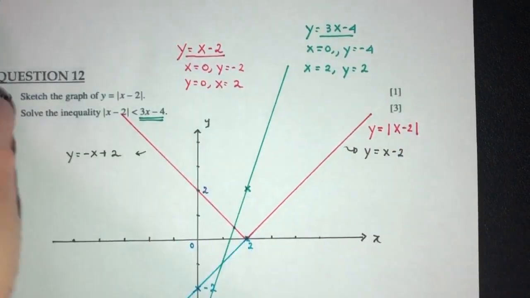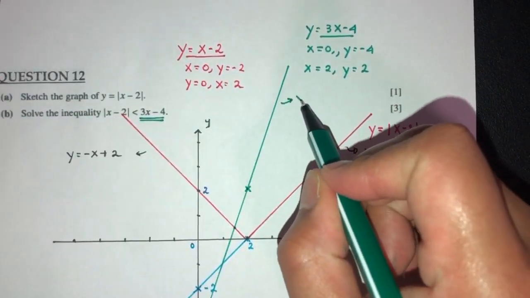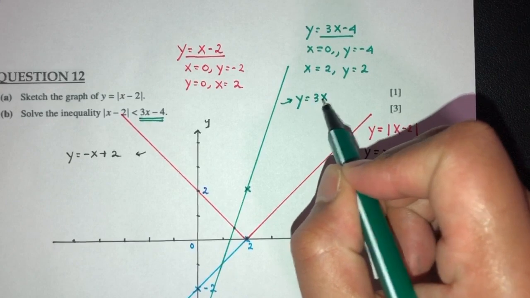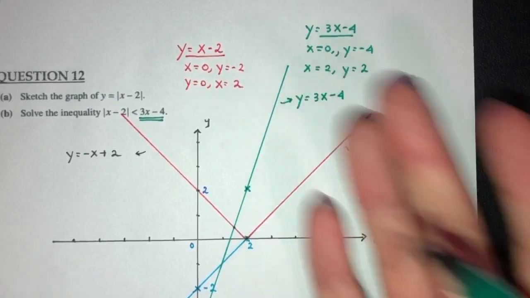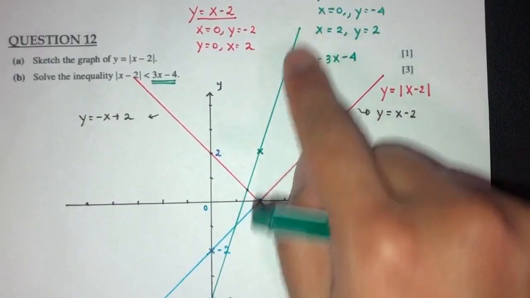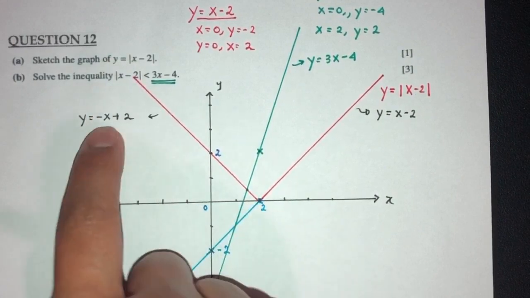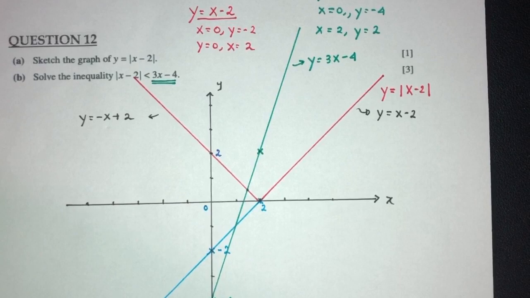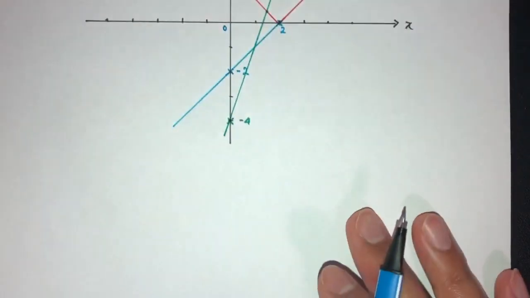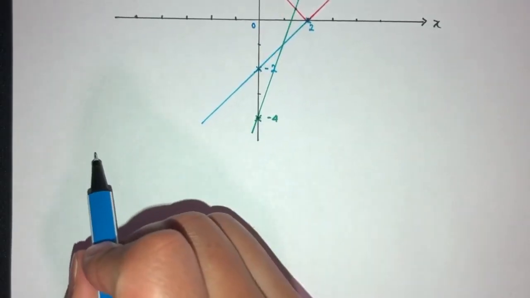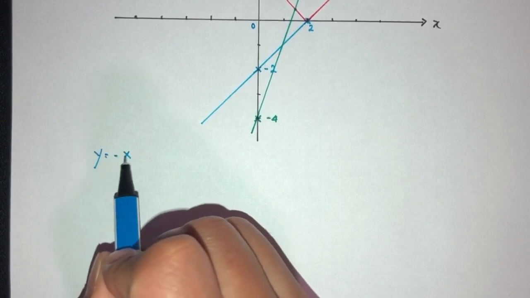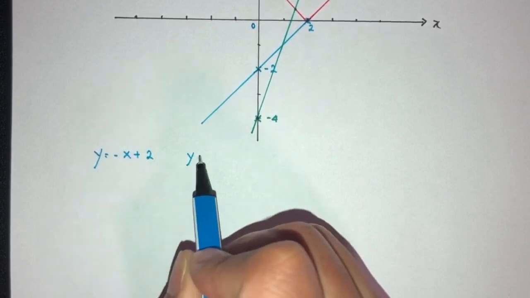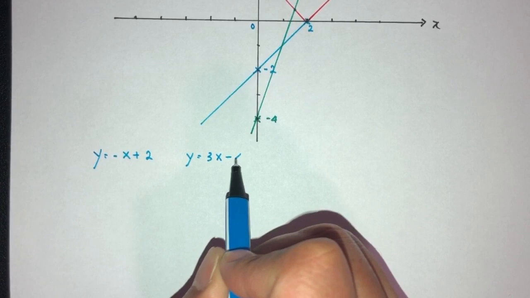This equation, as we know, is the line y equal to 3x minus 4. Now, which lines meet? As you can see, this line and this line meet, and this is the equation of this line, and this is the equation of this one. So obviously we have to use those two equations to solve and find that point of intersection. y is equal to minus x plus 2, and y is equal to 3x minus 4.